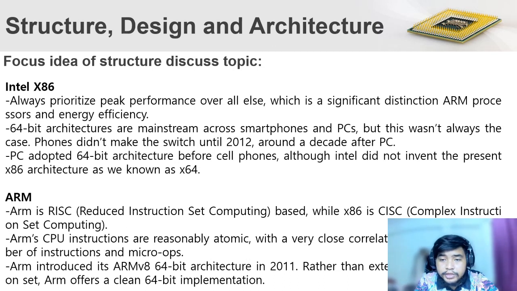CISC by comparison offers many more instructions, many of which execute multiple operations such as optimized math and data movement. ARM introduced its ARMv8 64-bit architecture in 2011. Rather than an instant onset, ARM offers a clean 64-bit implementation.